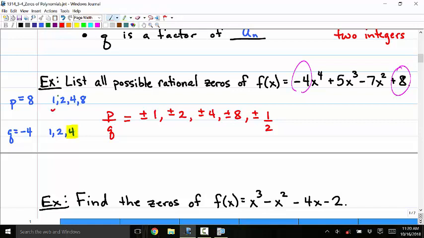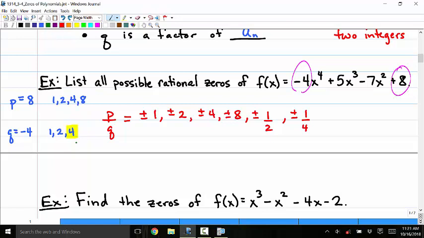I get plus or minus 1/4, plus or minus 2 over 4, which is 1/2, it's already listed. 4 over 4, which is 1, it's already listed. 8 over 4, which is 2, it's already listed.